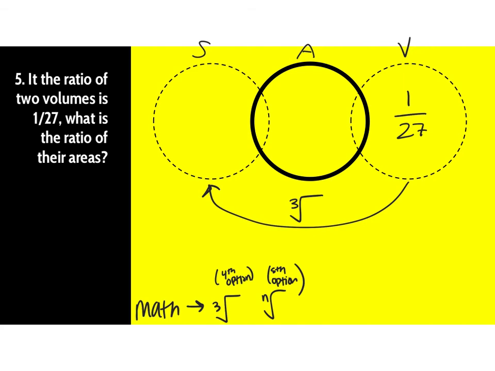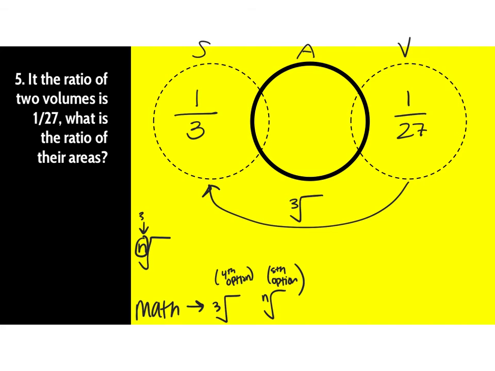So the cube root of 1 is 1, the cube root of 27 is 3. If you're on the iPad calculator, just one more tip, you're going to need to use this feature, and the n you would type in this case would be 3.